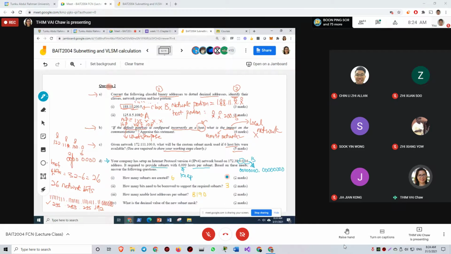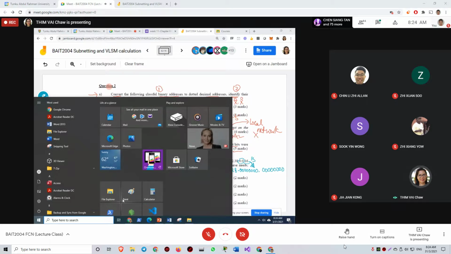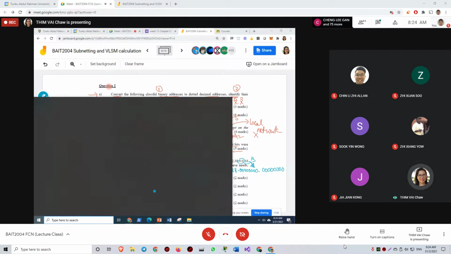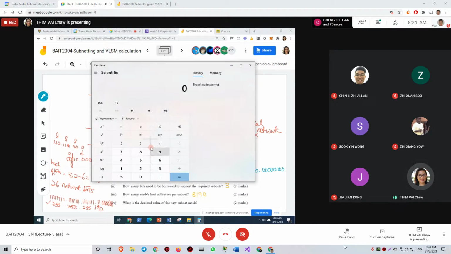I'm looking at the last 2 bytes. 172.38 will be the same. See whether you get the same result. So you need to try, use your calculator, see how many bits you want. I'm not a calculator, so I cannot directly know the value. That's why I'm trying.